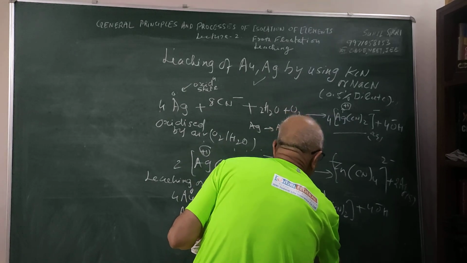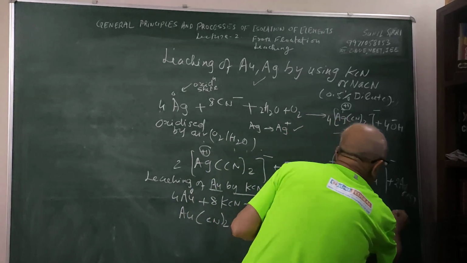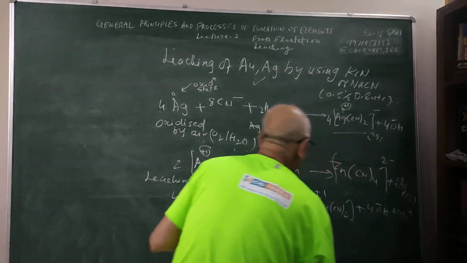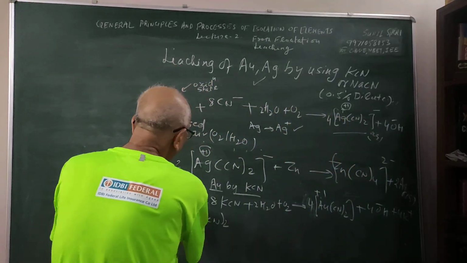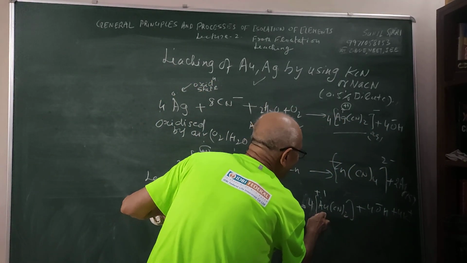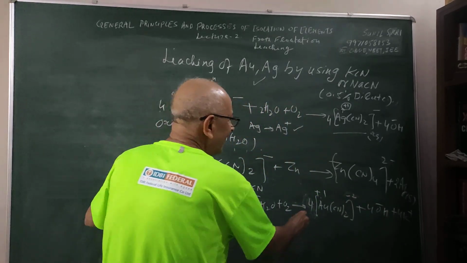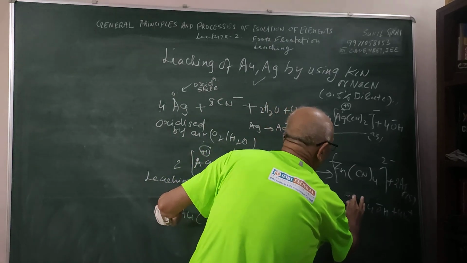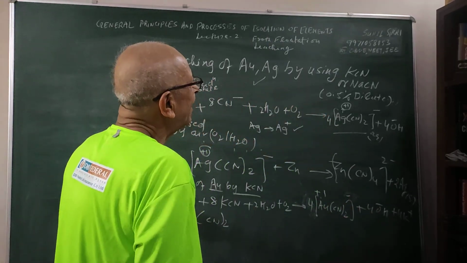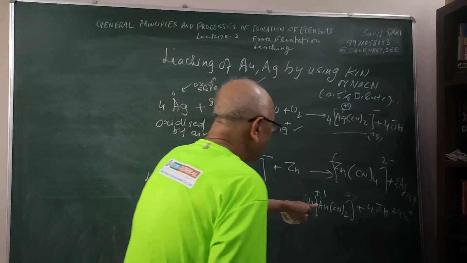So if you want to put it like this, you can put, no problem. So you have 4K+. So what is the story here? Gold goes from 0 to +1 oxidation state in this case. So gold is oxidized from 0 to +1 oxidation state.